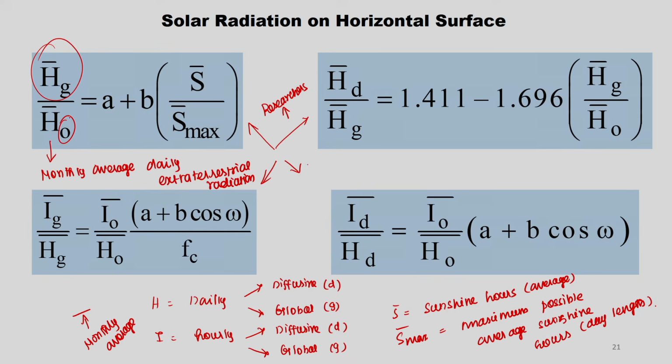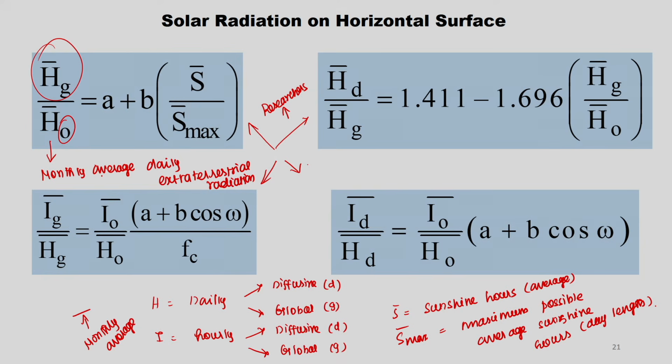In that way HC bar is converted to H naught, the daily extraterrestrial radiation. For a particular day of the month, the monthly average daily extraterrestrial radiation is equivalent to the daily extraterrestrial radiation.